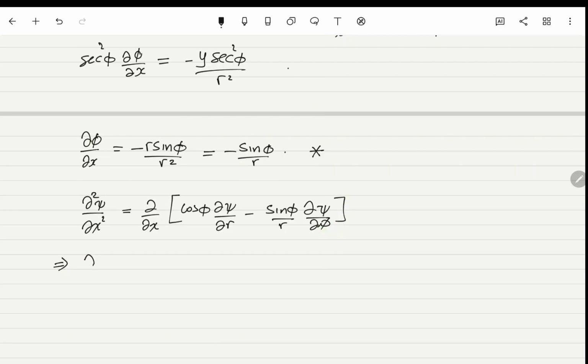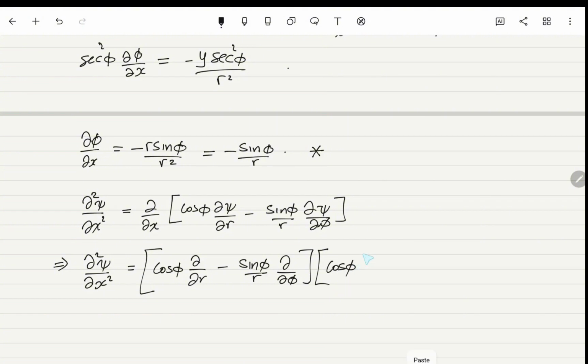Therefore, partial 2 psi partial x square equal to cosine phi partial r minus sine phi over r partial phi times cosine phi partial psi partial r minus sine phi over r partial psi partial phi.